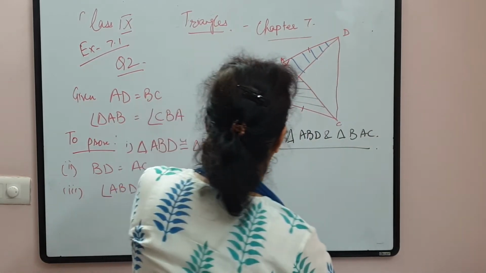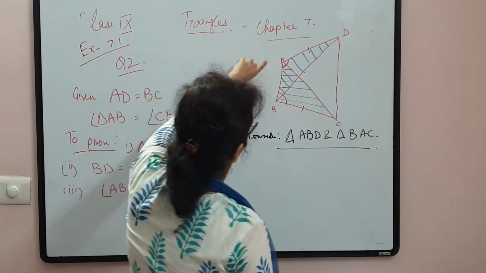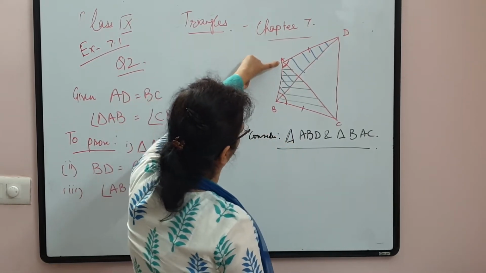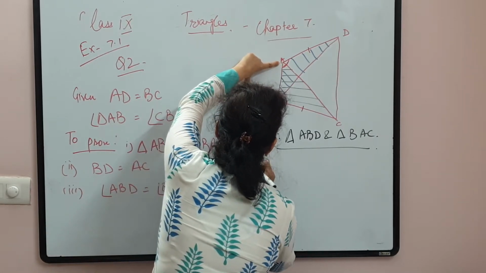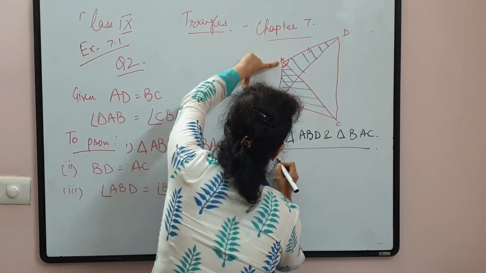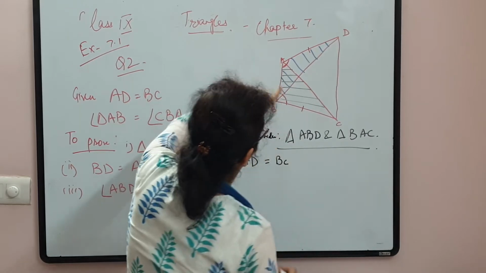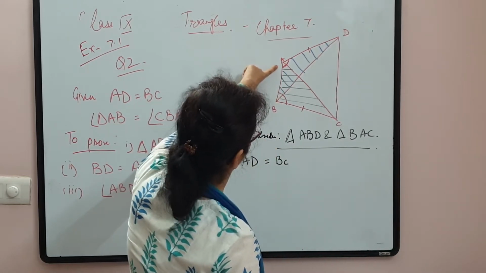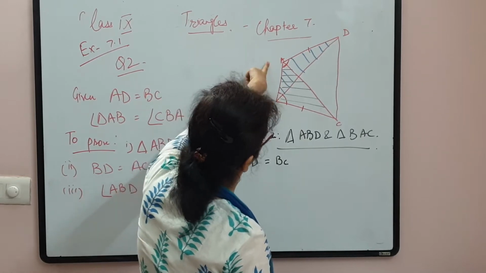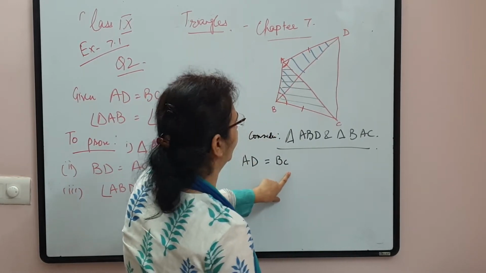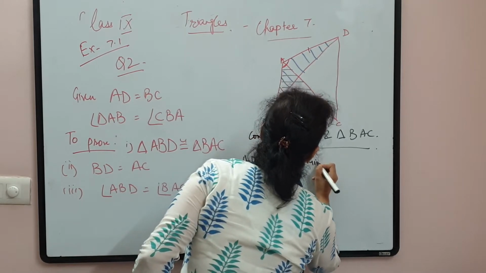Consider these two triangles, children. AD is one of the sides of triangle ABD. AD is equal to BC. AD is the side of triangle ABD and BC is the side of triangle BAC, and these two are equal. How? This is given.